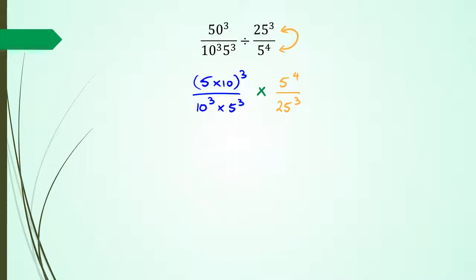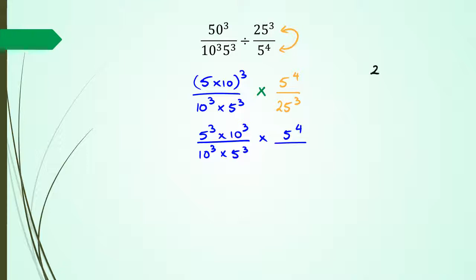Let's have a look at the first fraction here. I've got 5 cubed multiplied by 10 cubed, divided by 10 cubed multiplied by 5 cubed, and all of this is multiplied by 5 to the power of 4 divided by 25 to the power of 3. Now I know that 25 can be written as 5 squared, and that's what I'm going to do.